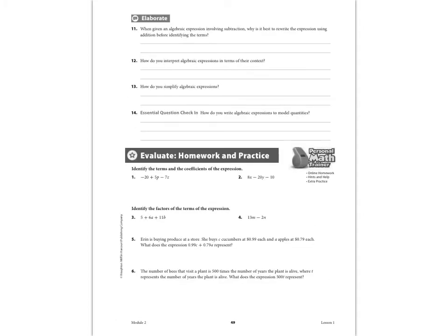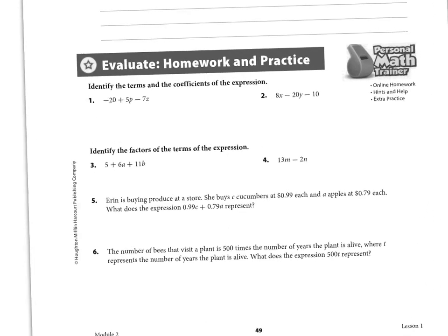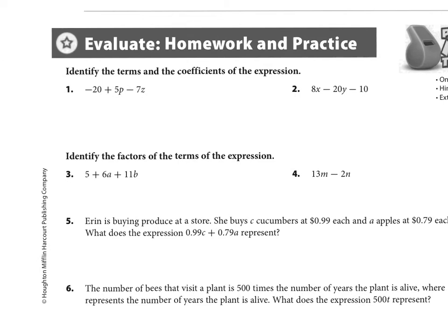We're going to go right to the evaluate section and want to do some of these problems here with you. So one of the first things, I'm going to start with problem number 1. We're going to look at this where it talks about terms and coefficients.